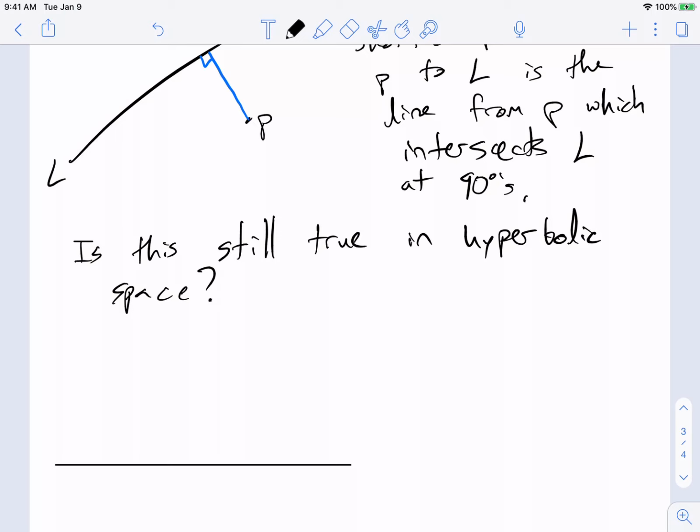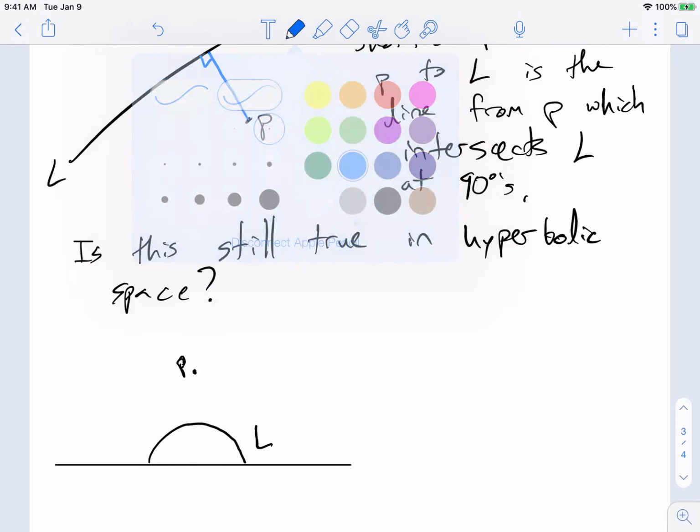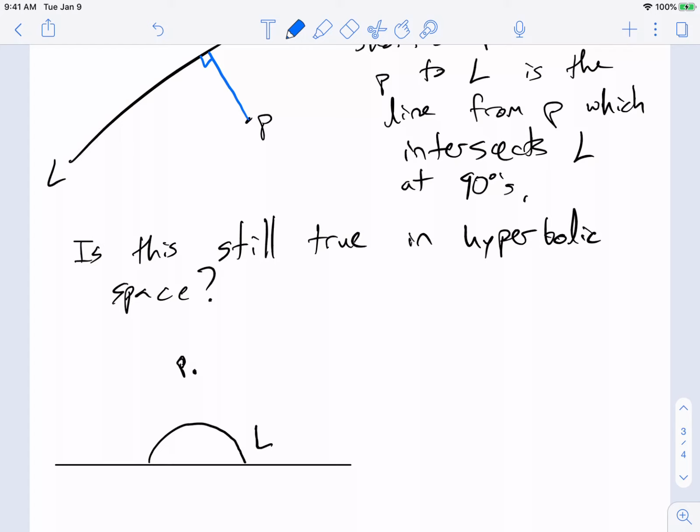So let's say we're given a line L. And I'll draw a particularly nice situation where I can see what line's going to intersect at 90 degrees. Here's my point P. So you can see exactly which geodesic, because of the symmetry of this picture, which geodesic through P intersects L at 90 degrees.